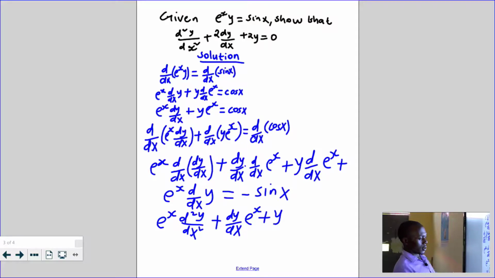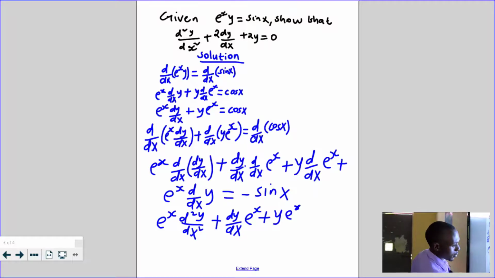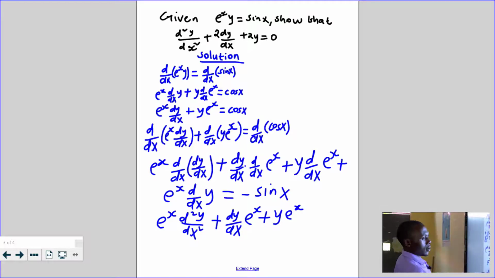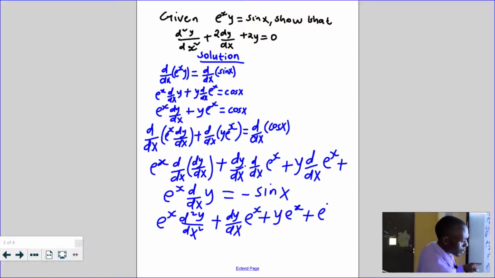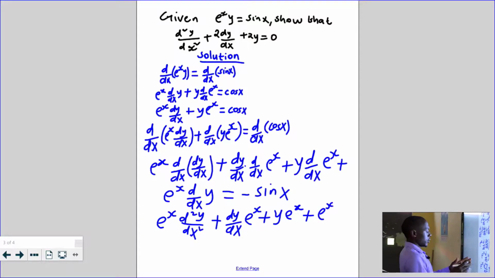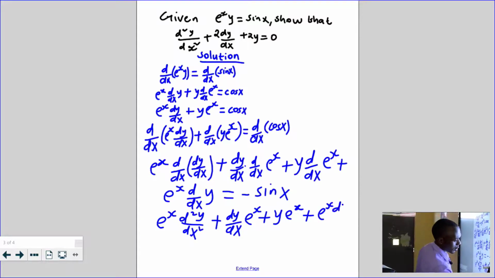That is e^x, and then plus the constant is here, it is already out, and then differentiating now y, we obtain dy/dx, equal to, we are okay.